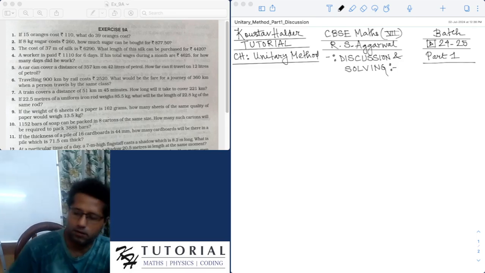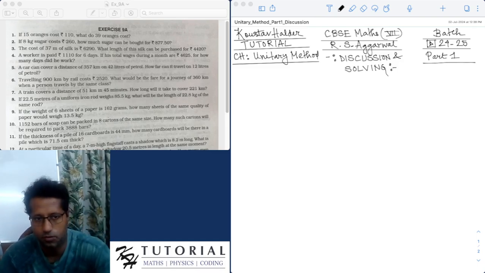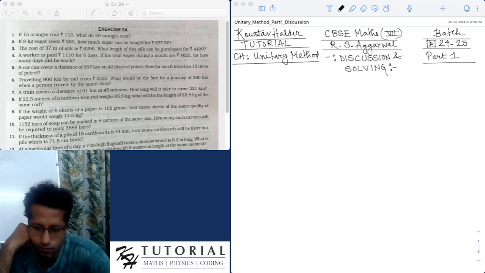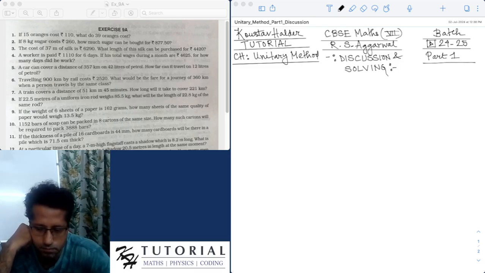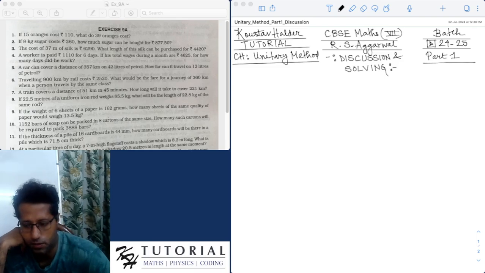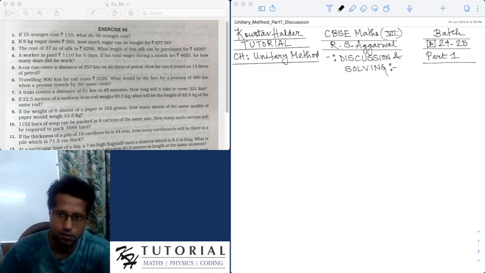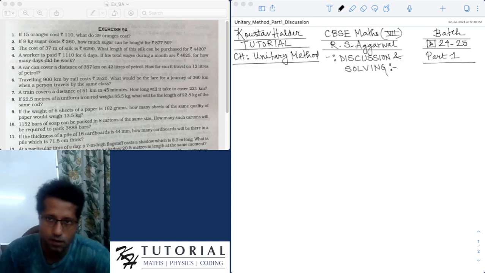Now this chapter is unitary method, which essentially deals with finding the value of some required quantity, where you first find the value of unit quantity of that commodity.